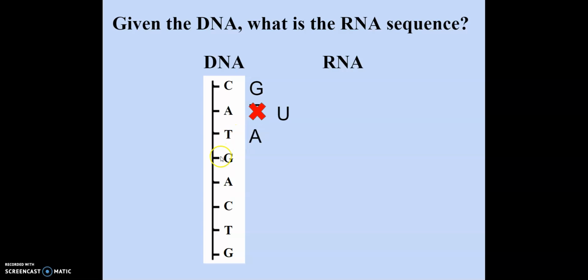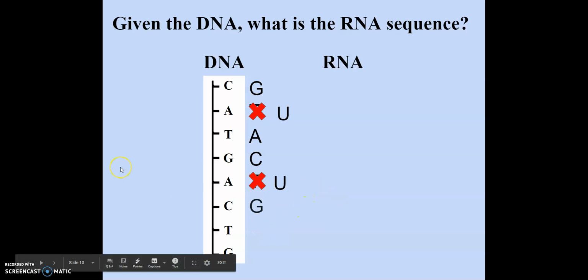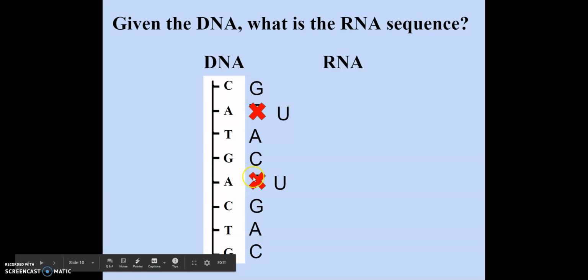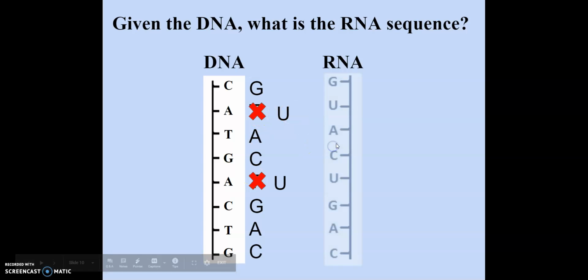T matches with A, G matches with C, A is going to match with T again, but once again, T is not a base in RNA, it's going to be a uracil instead. Then we have C goes to G, T goes to A, and G goes to C. So you're basically going to find that complementary pair of the DNA, and instead of having thymines, you're going to replace them with uracils. And then you would have your RNA sequence here. It's just that complement to the DNA with uracil substituted for thymines.